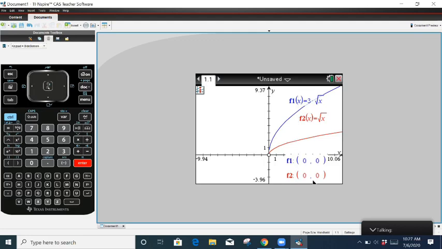If we take the point (0, 0) and multiply the y-coordinate by 3, nothing changes. But if we take (1, 1) and multiply the y-coordinate by 3, it goes to (1, 3). If we take (4, 2) and multiply the y-coordinate by 3, we get (4, 6). Notice again how the y-coordinate triples.